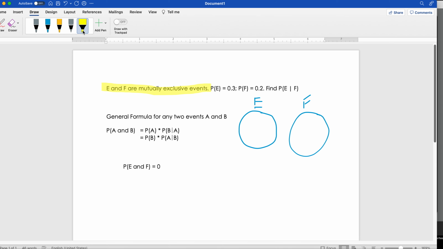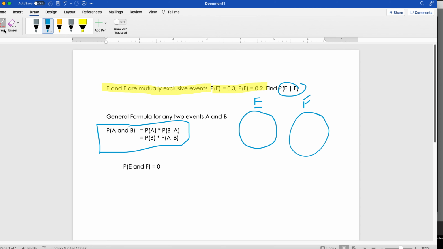We're also going to use this information that was given to us about the probability of E and F. So if you notice here, I wrote down the general formulas for the probability of an and statement. So in general, we would have the probability of an event E and F happening, and then here's the formula. Okay, so we're going to use these formulas to figure out the probability of E given F.